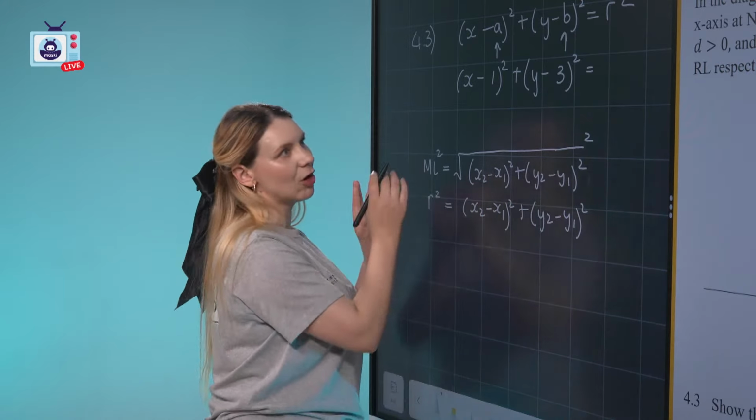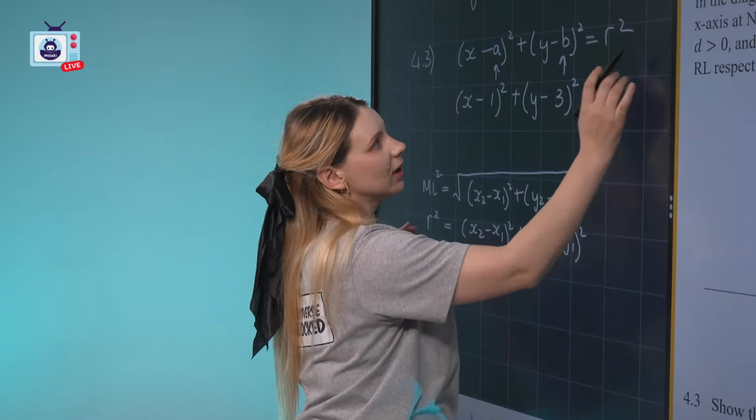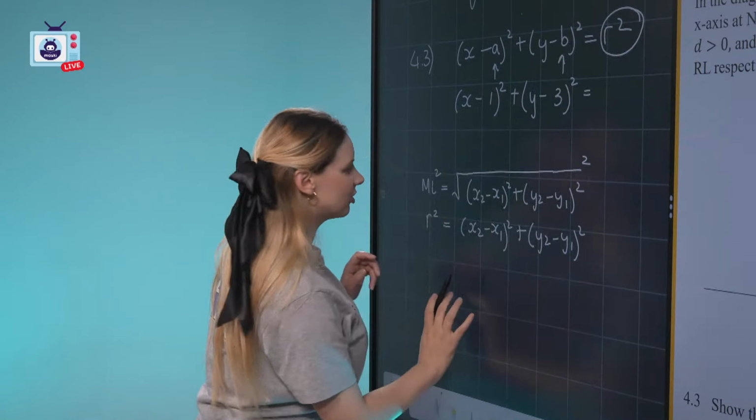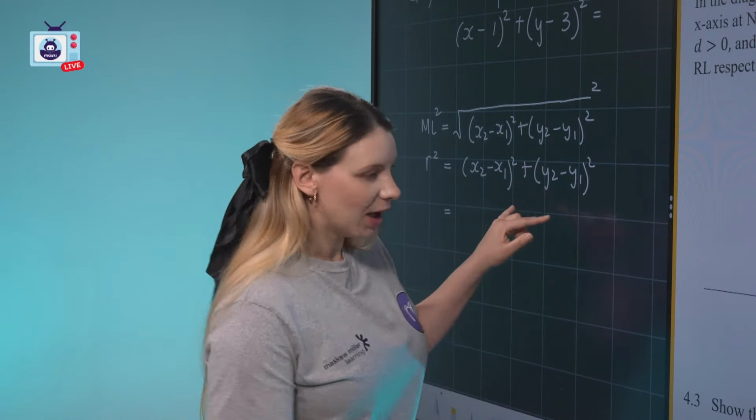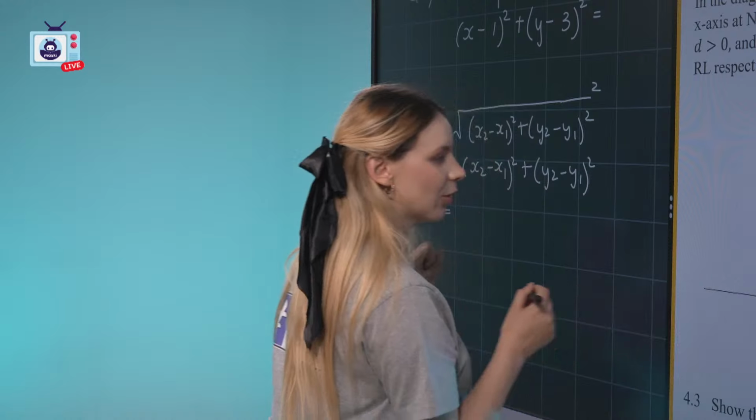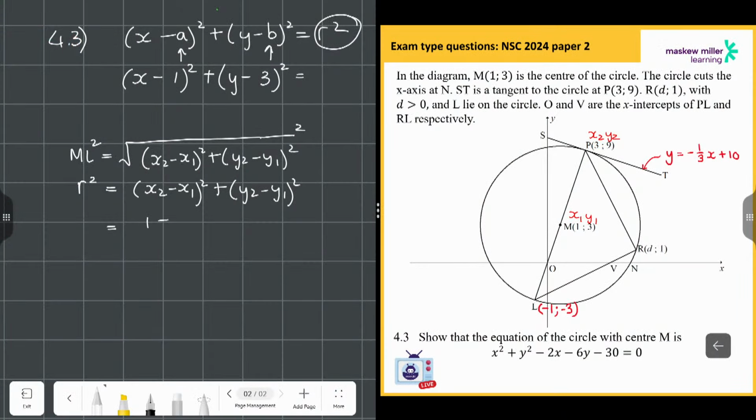We want the r squared. Remember, we want the r squared for our equation over there. So let's get r squared. I'm going to use ML. Let's do it. So M, we've got 1 minus negative 1 squared plus, and then L, we've got 3 minus negative 3 squared. All right, so 1 plus 1 is 2, 2 squared is 4. I hope it's okay that I'm going a little bit faster.